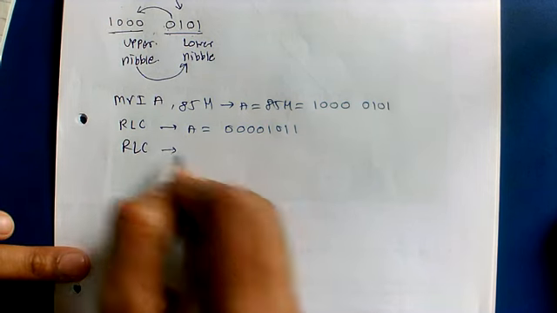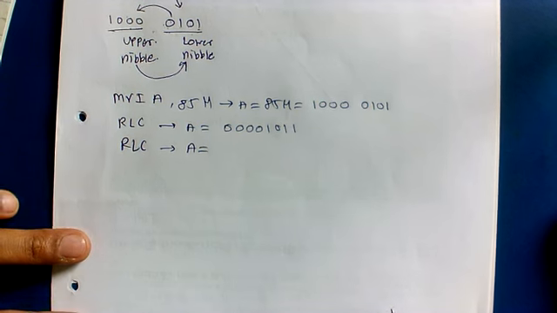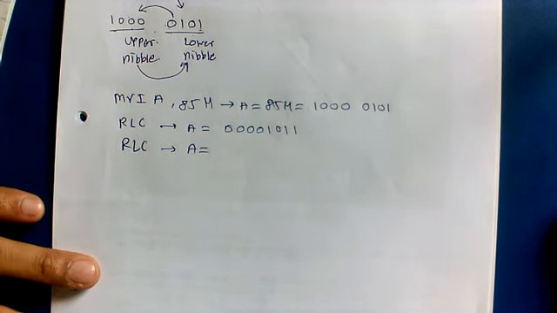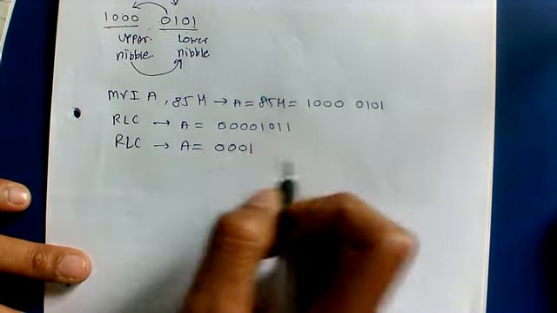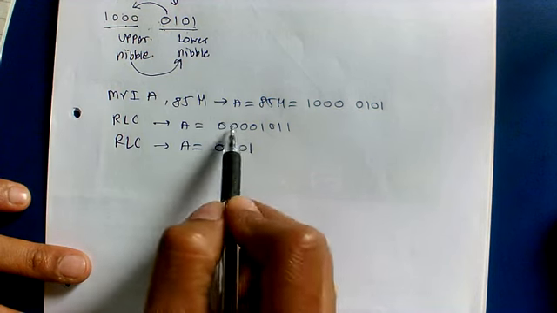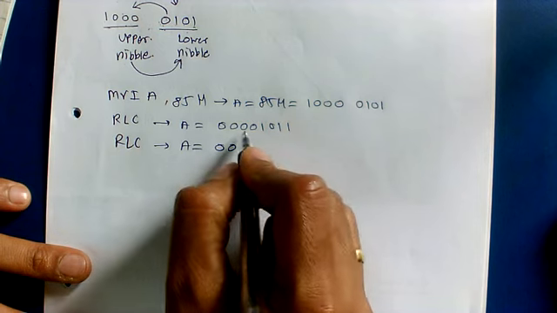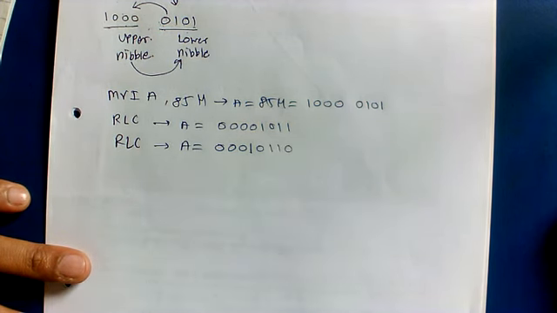Once again, suppose RLC. So after execution of this instruction RLC, you will get 0 0 0 1 0 0 0 1, again shifted to left, 0 0 0 1 0 1 1 0.